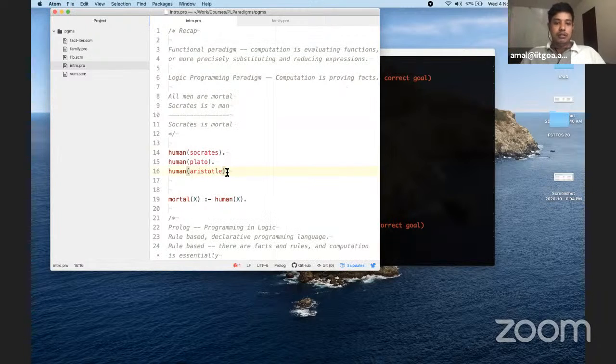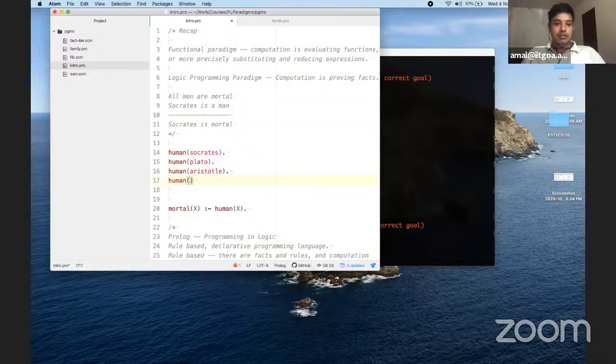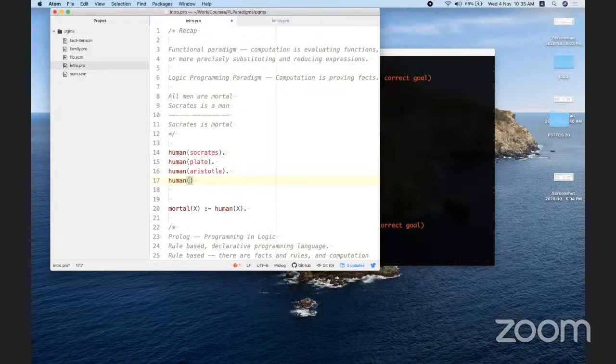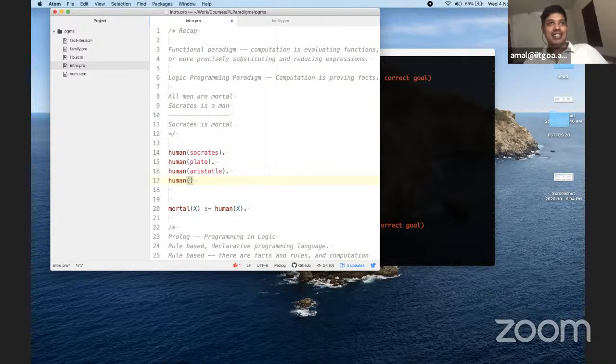If I have more humans, I should also, to counterbalance, use some females. Can somebody tell me a female philosopher's name? Ada Lovelace, but she is a mathematician, a computer scientist. What was her name? The Greek female philosopher who was in Alexandria.